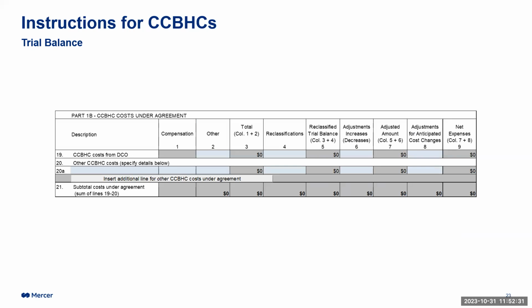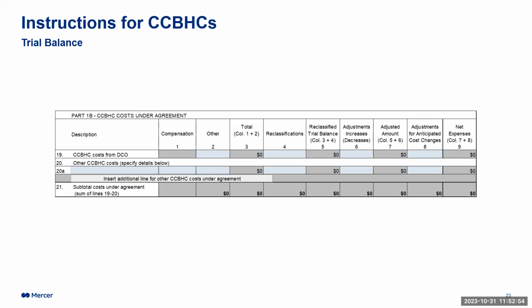So this is the component for if you have any DCO arrangements. The DCO arrangement is really going to be contracted costs that the CCBHC program has with a DCO directly.